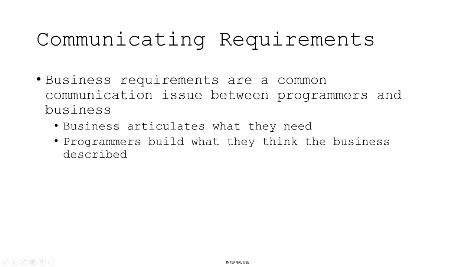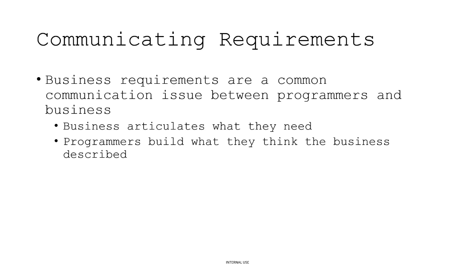Really, acceptance testing is all about communicating the requirements between the business and the development team, because there's a common disconnect a lot of times between those two groups. Business requirements are a common communication issue between programmers and the business.